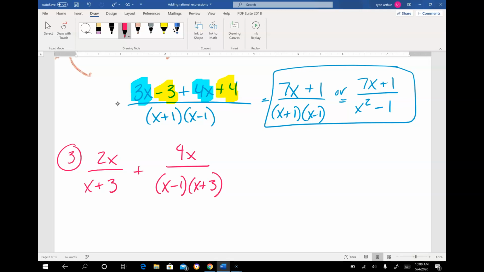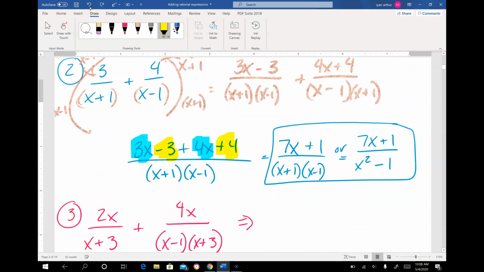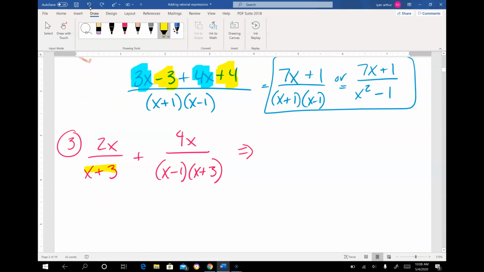Alright, so, I mean, you could factor that 4 is 2 times 2, but really you're mainly concerned with the denominator factoring right now, okay? So, this one, they both have an x plus 3 in common, don't they? Okay? So it's really about multiplying by what you're missing. Well, this side's not missing anything, but this side's missing an x minus 1, right? The left-hand side.